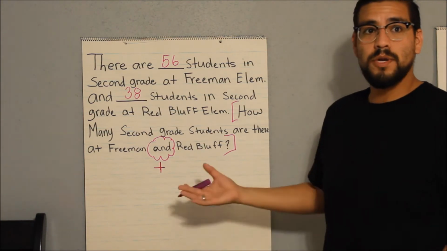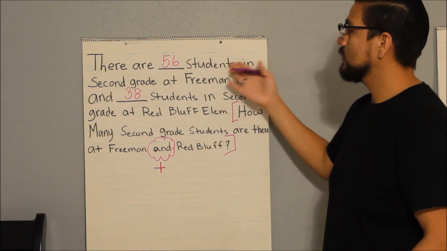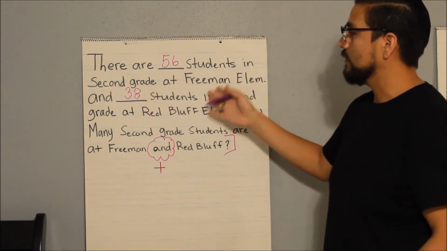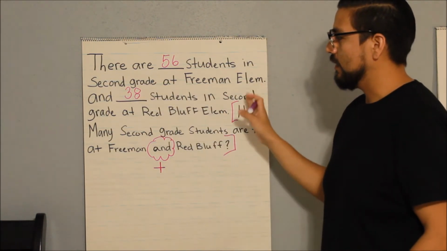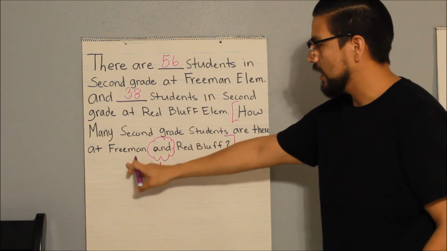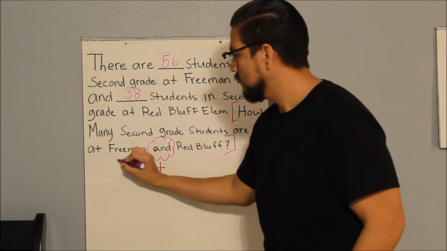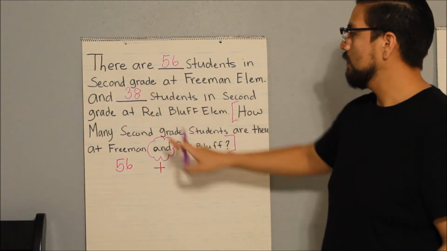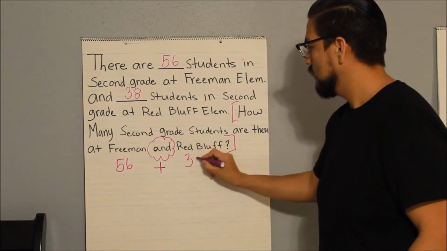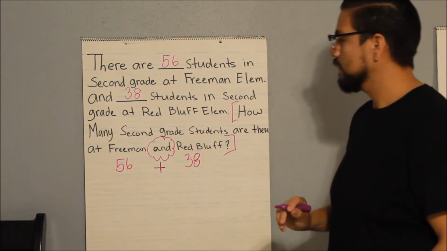So what do we know? We know that there are 56 students in 2nd grade at Freeman and 38 at Red Bluff. So we have the Freeman number, which tells us 56, and the Red Bluff number, which tells us 38.